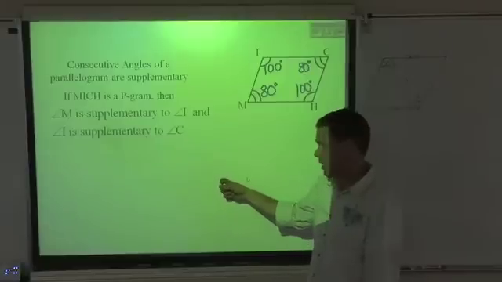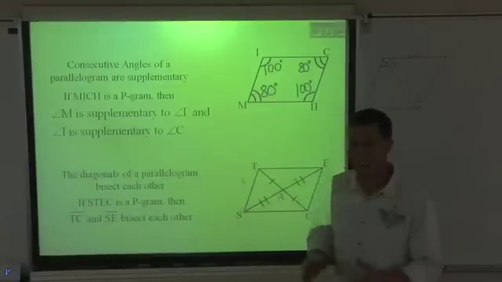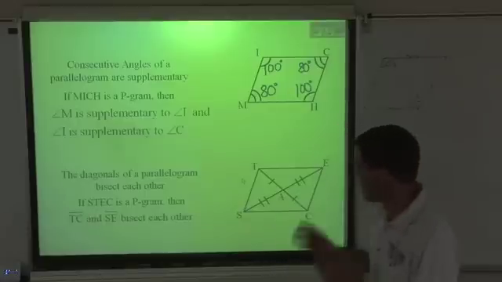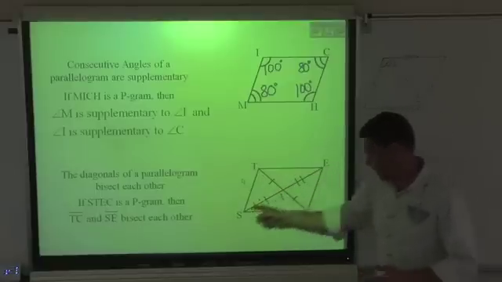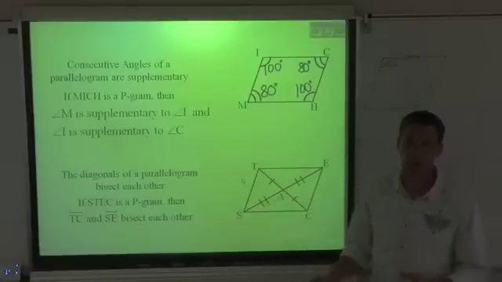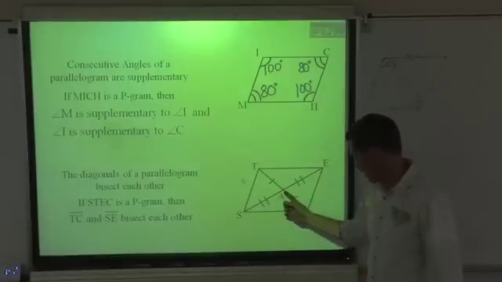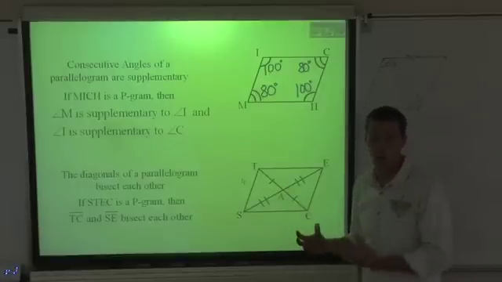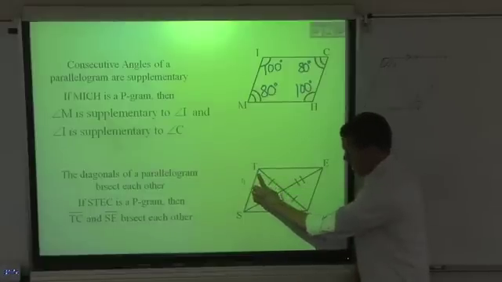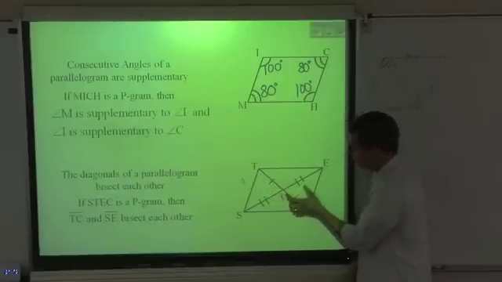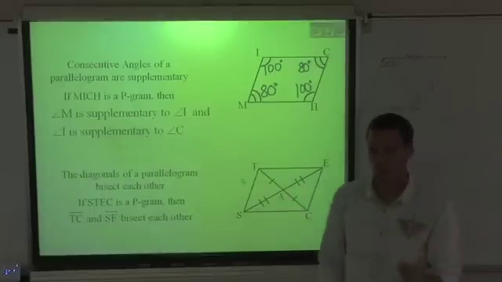Final property of parallelograms. The diagonals of a parallelogram bisect each other. If we were to draw both diagonals into this picture, they will end up intersecting each other at their midpoints. Point A is the midpoint of both. So we would mark A to T the same as A to C. We would mark A to E the same as A to S. Be careful.